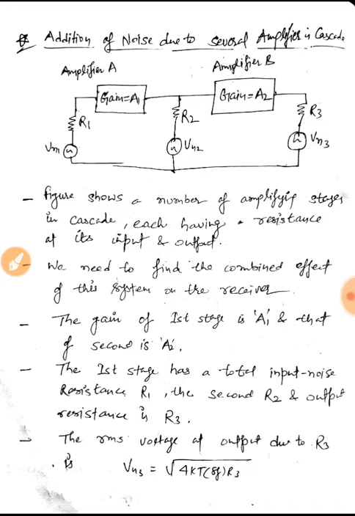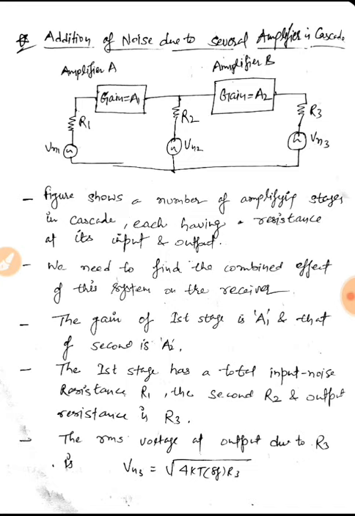So we need to find the combined effect of this system on the receiver, how much noise it will generate. The gain of first stage is A1 and that of second is A2. Similarly, total input noise resistance is R1, the second is R2 and the output is R3.